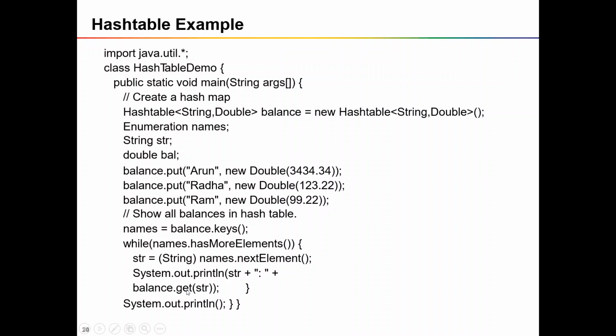If you want to get the corresponding value also, there is the get method. Inside the get method you can pass a string argument so that you can get the corresponding value, right? Likewise, you can iterate your hash table either with an iterator or with enumeration.